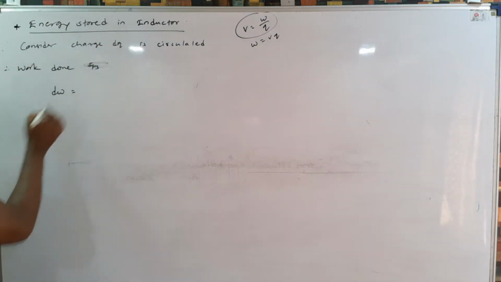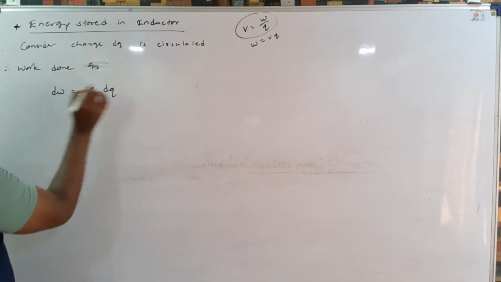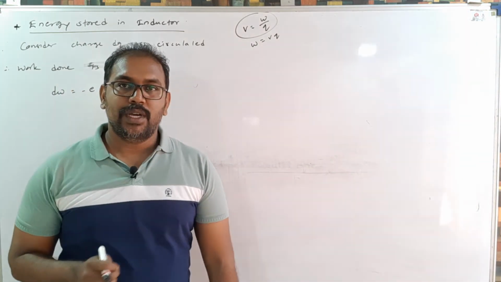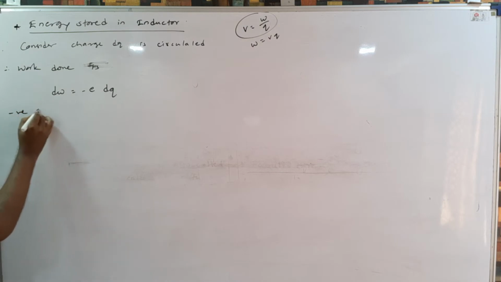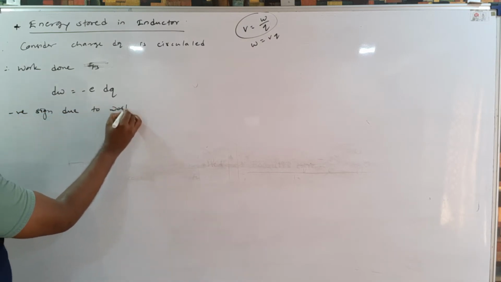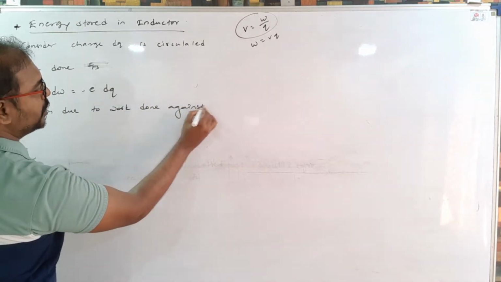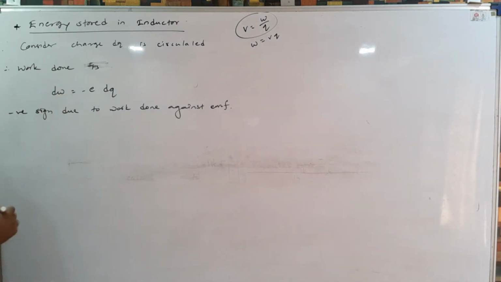Instead of V, here I am using E. So work done is equal to E into the charge dq, with a minus sign. The negative sign is because this work is done against the EMF. Okay, so we get this formula.